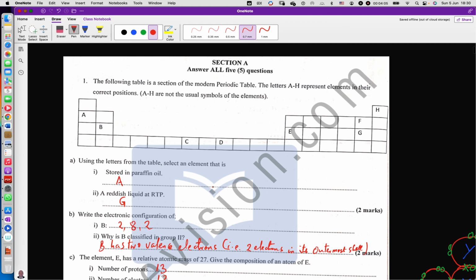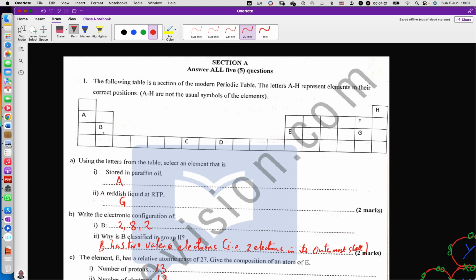Let's go to B. Write the electronic configuration of B. Capital letter B is placed in group 2 of the periodic table.